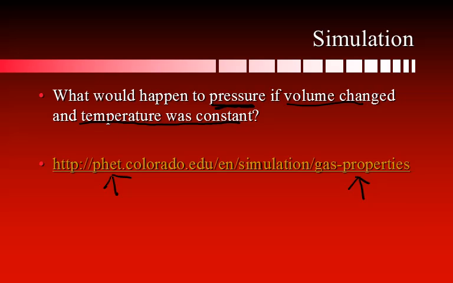And so when you do that simulation and you try that, you can see what happens. And what you'll see is what happens in one of these properties that we're looking at, gas properties. And so go ahead and pause the clip, give that a try, and when you're ready to learn more about that, you can hit play, and then we'll take a look at it here.